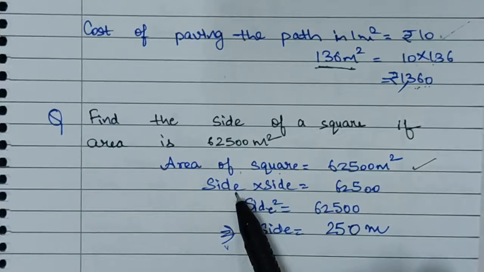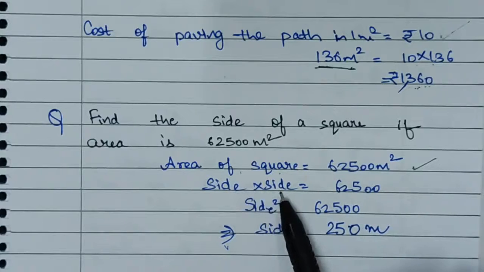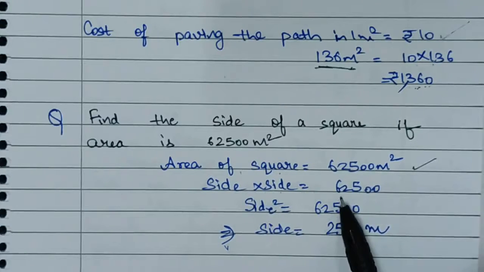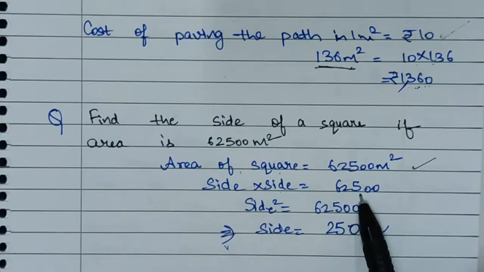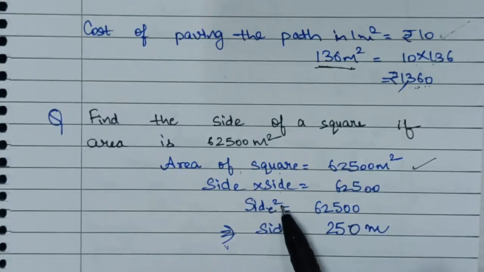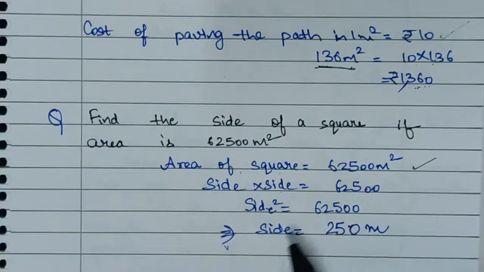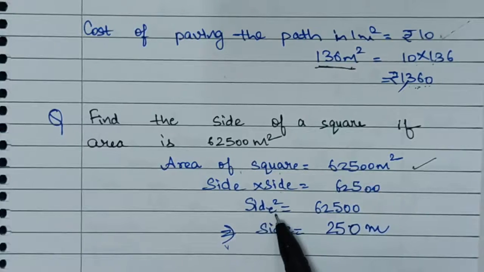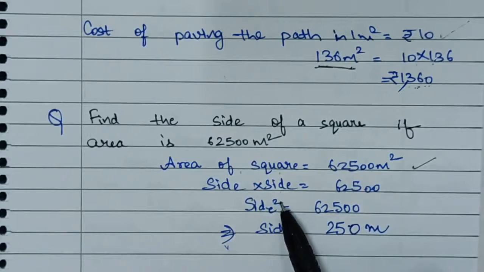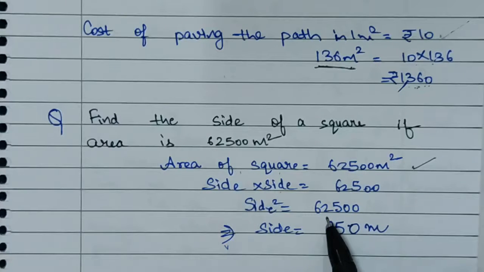That is side into side, which is equals to 62,500. Now side square is equals to 62,500. Now we have to think a number whose square gives us 62,500.